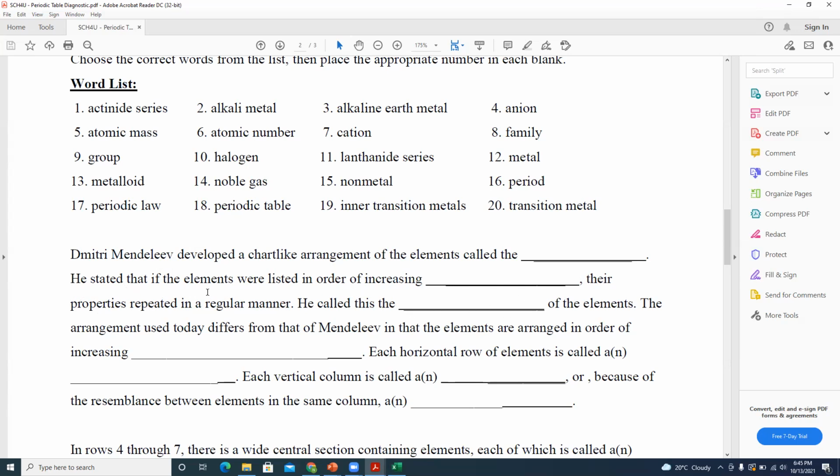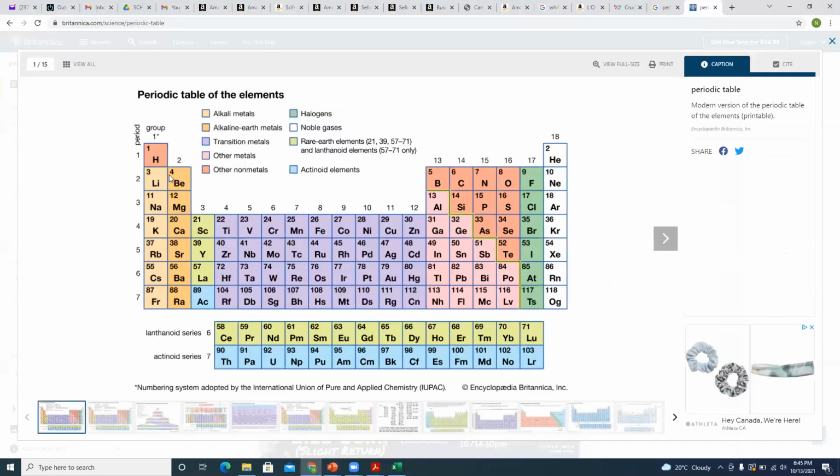Okay, so he stated that if the elements were listed in the order of increasing, so on the periodic table, the elements are listed in the order of increasing what? So they are listed in the order of increasing atomic number, right?